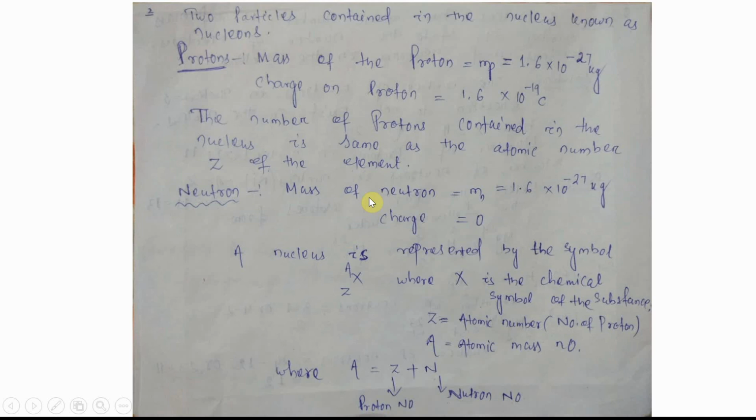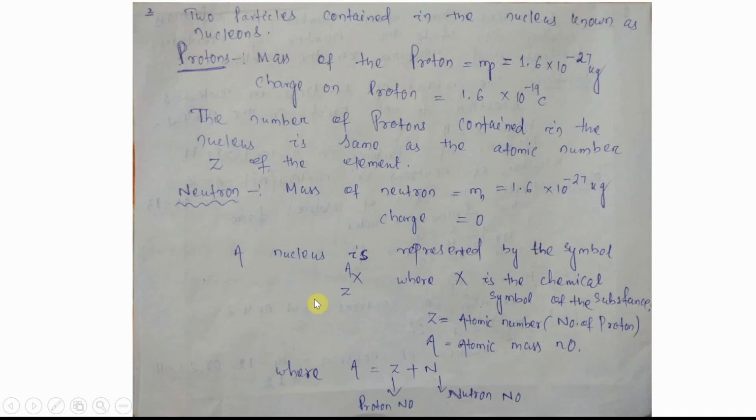That means the proton number is nothing but the atomic number, and it is represented by the symbol Z. And the neutron has mass 1.6 into 10 to the power minus 27 kg, and the charge on the neutron is 0. That means it is a neutral particle. So these are the constituents of the nucleus.